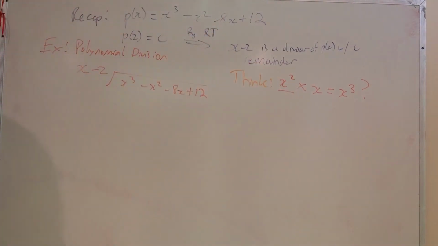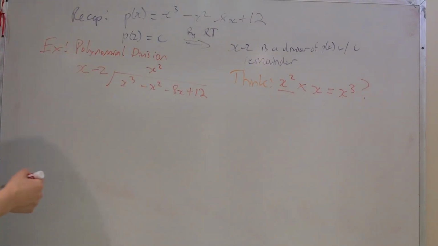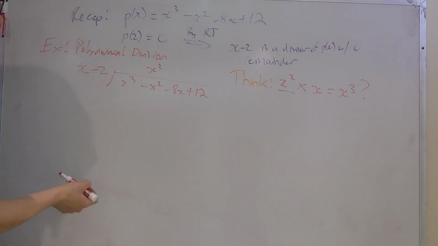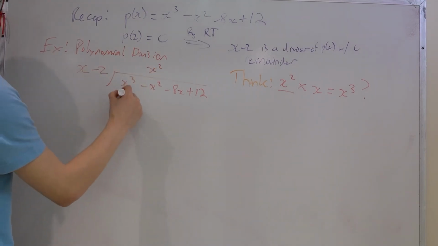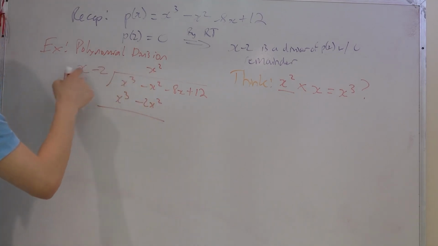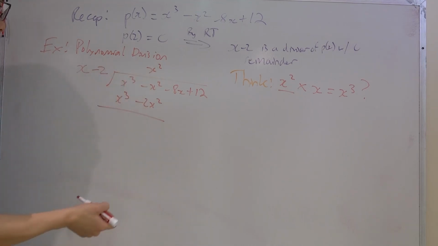Okay, x squared times x gives me x cubed. So you put an x squared here, and then you take this top thing and multiply it by this whole thing in the divisor. If you do that, you get x cubed minus 2x squared. Okay, because x squared times x is x cubed, x squared times minus 2 is minus 2x squared.